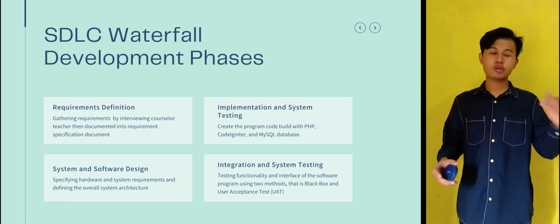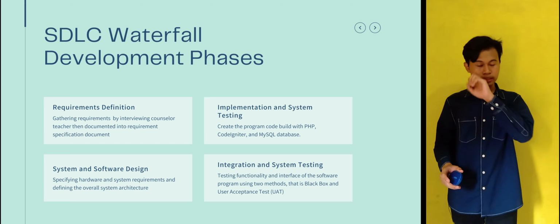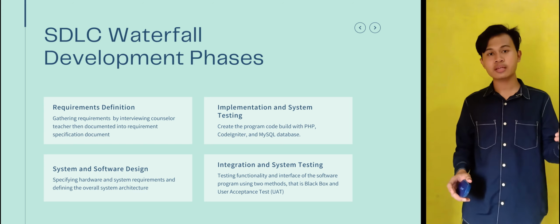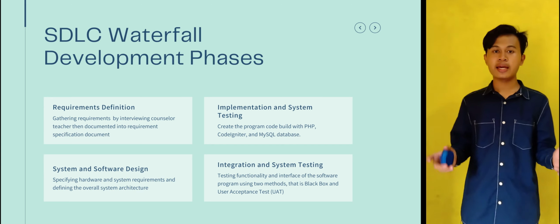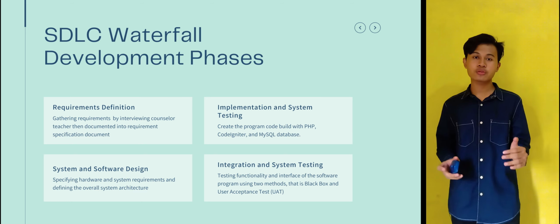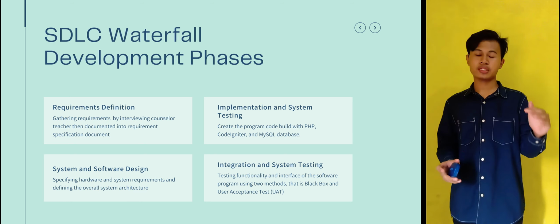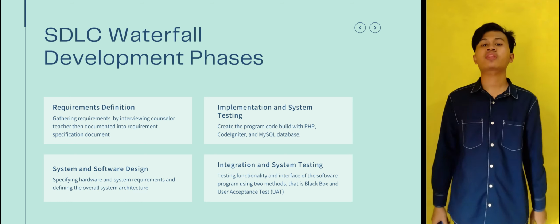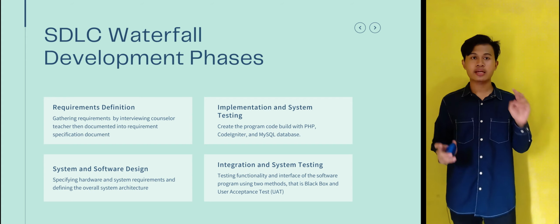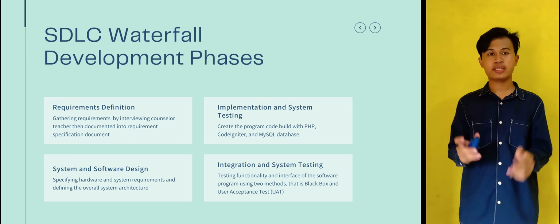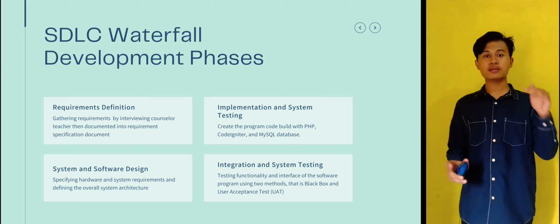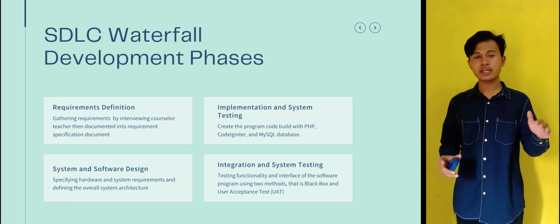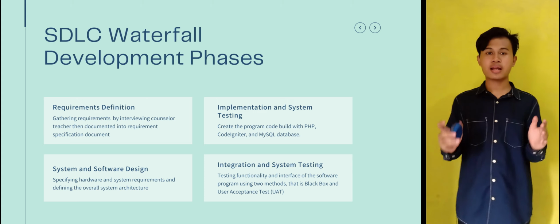We gathered information for the application requirements by interviewing the counselor teacher, and then we documented it into a requirement specification document. The second is system and software design. We specified hardware and system requirements and defined the overall system architecture.